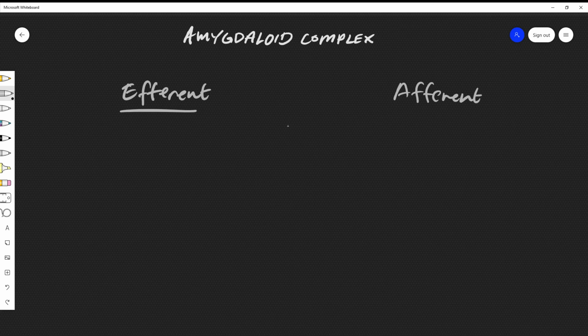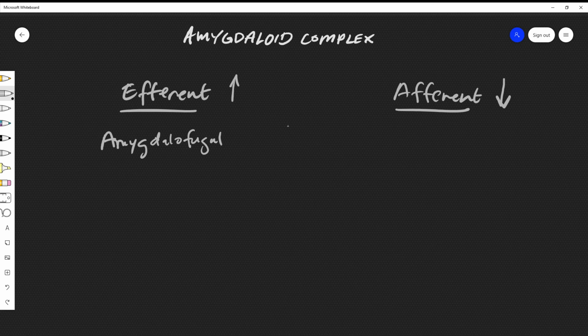Again, I probably should have written afferent first, but it's okay. This will be the output. These will be input pathways. So for efferent pathways, we have the amygdalofugal pathway. You'll see this often.